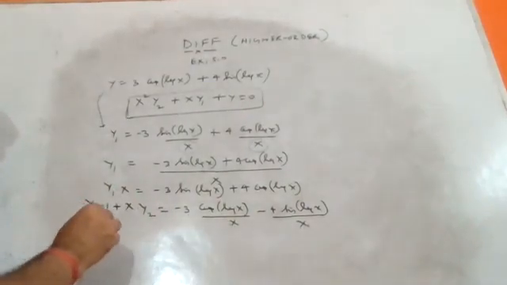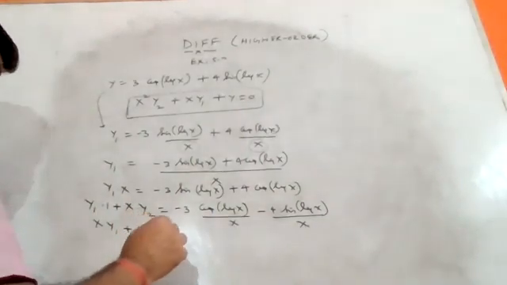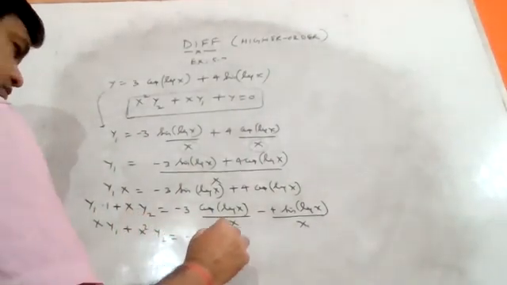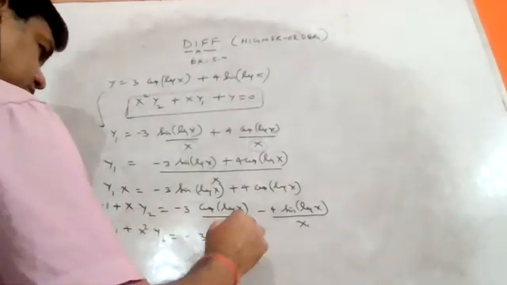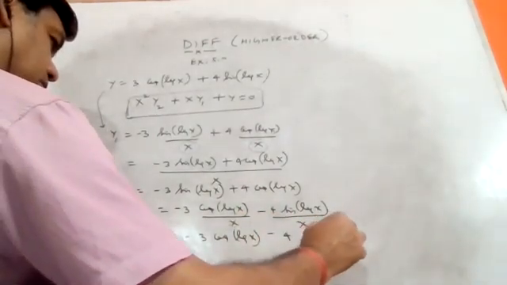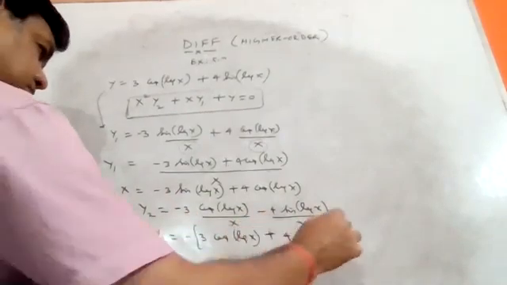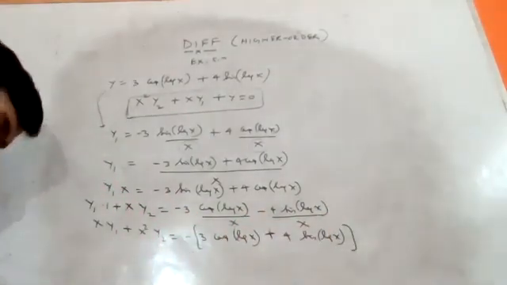So this will become x y1 plus x square y2 equal to minus 3 cos log x minus 4 sine log x. Take the minus sign common, so this will become plus. Why take this as common?